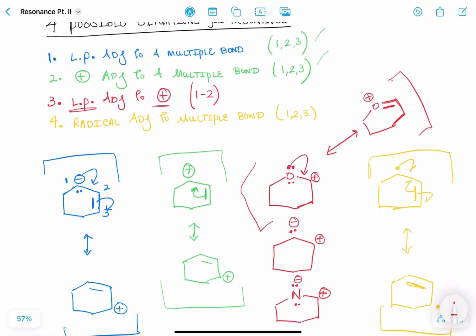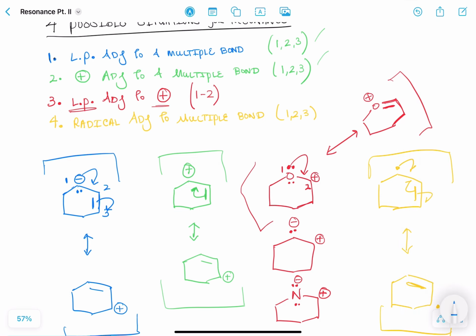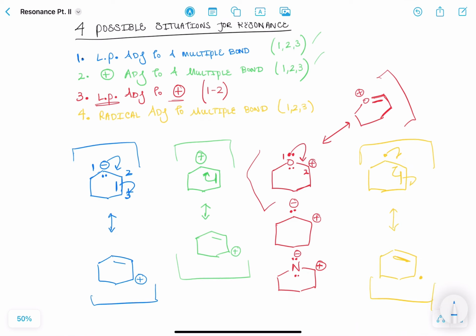You have the lone pair. This is 1, that's 2. No other atoms are involved. Whereas the other ones, let's go to the blue on the left, it's 1, 2, 3. Hopefully this gives you a good overview of resonance, and we're going to need to practice this day in, day out, and get this skill down because it is crucial to the rest of the course.